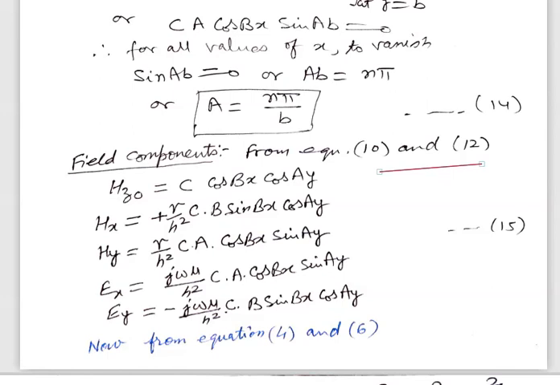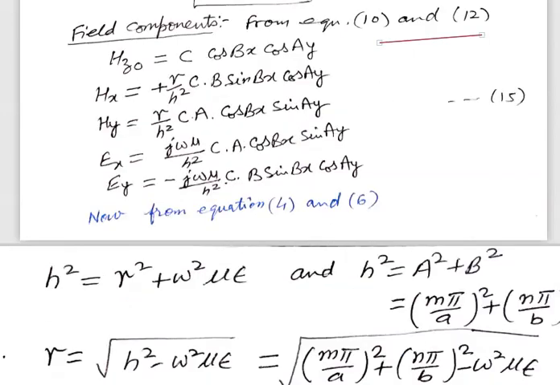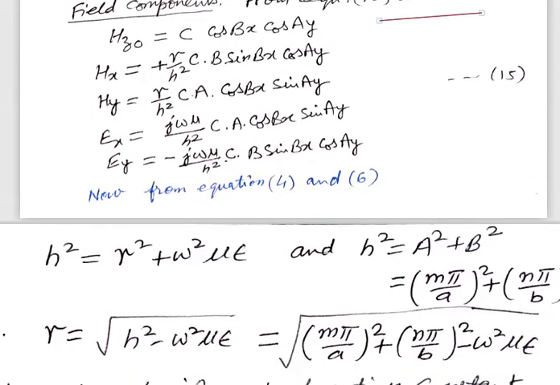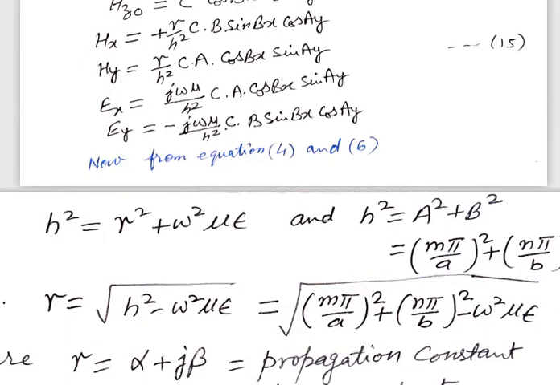Now if we use the two equations 4 and 6, which give us the values of the constant h square, from equation number 4 it is equal to gamma square plus omega square mu epsilon, and from equation number 6, the value of h square equal to a square plus b square.